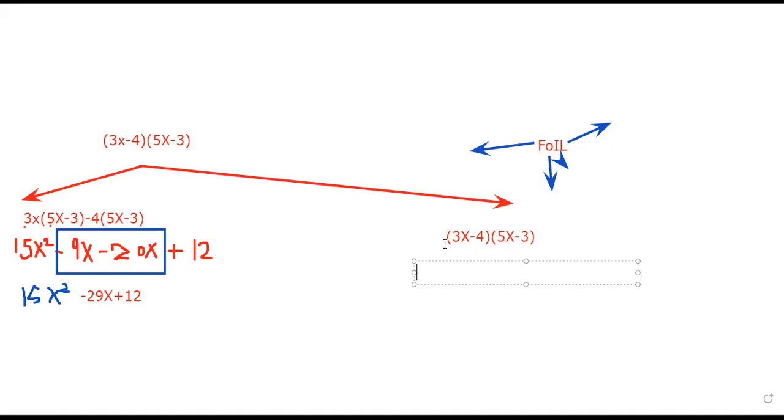Then 3x, we will start with this one first. The first term in the first parentheses, we will call it first. Then 3x, this is the first. 5x is the first in the second parentheses. So for each parentheses, we have first.